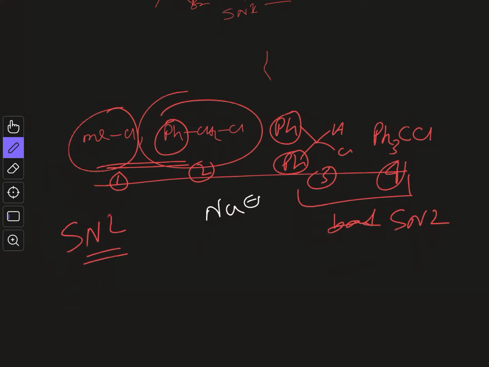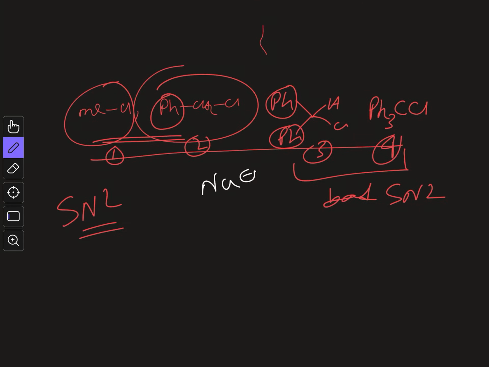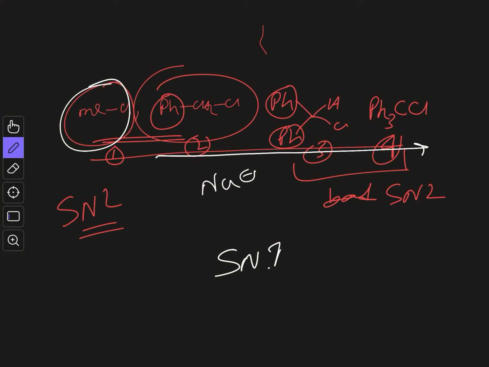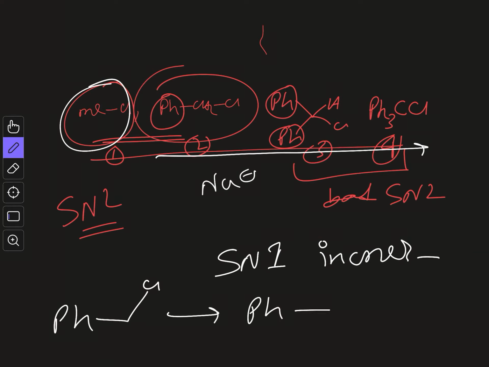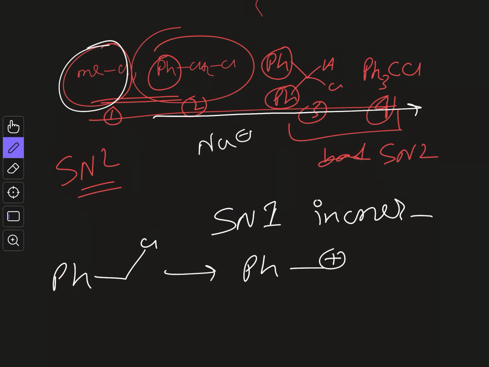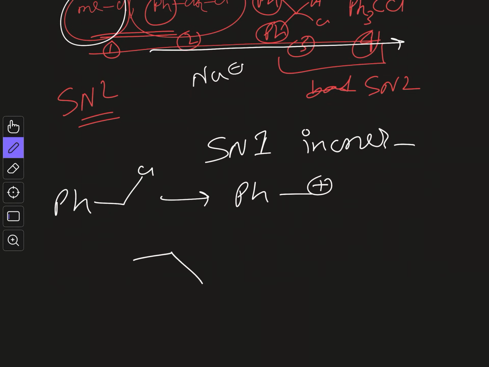But if you now consider SN1 reaction, then this first one will not give SN1 reaction, but as you go from left to right, the rate of SN1 reaction will increase, because as you go from left to right, you are introducing phenyl groups one by one, in whatever carbocation you are getting. In the first case, PhCH2Cl, you will get the carbocation PhCH2 plus, and you will see this is stabilized through resonance.